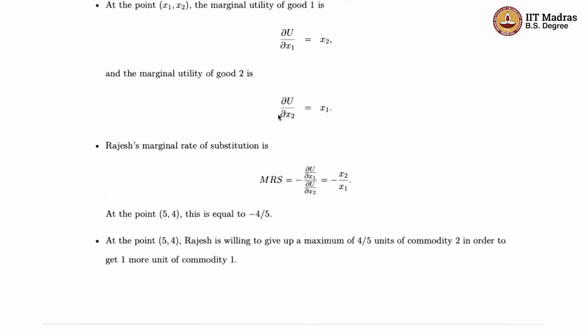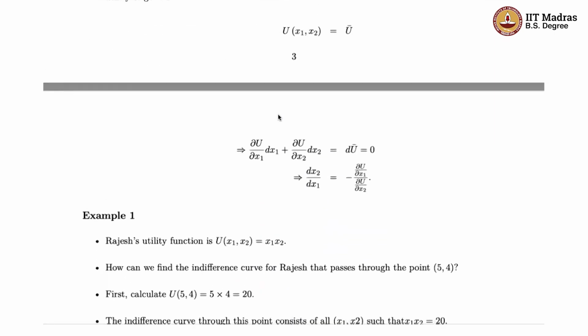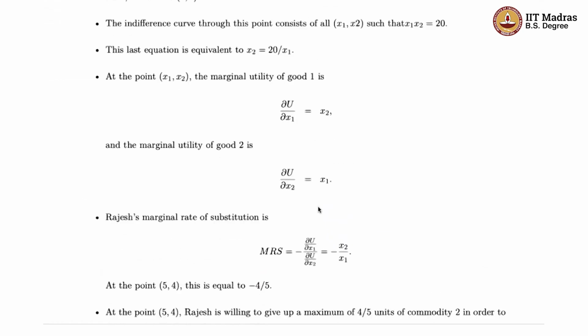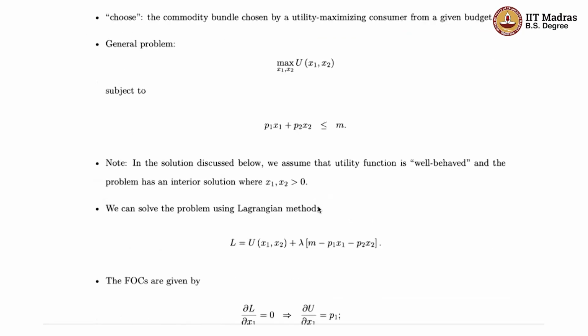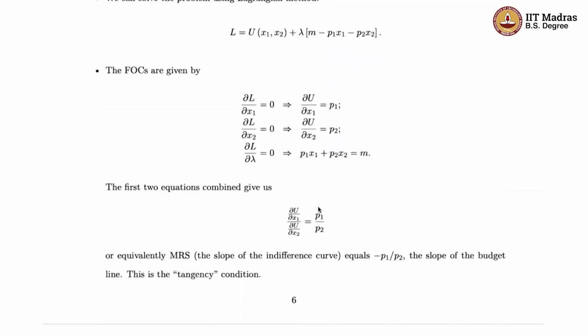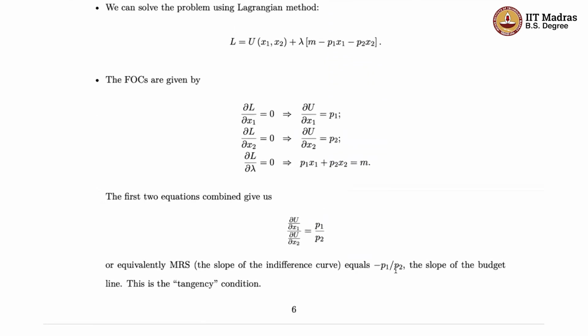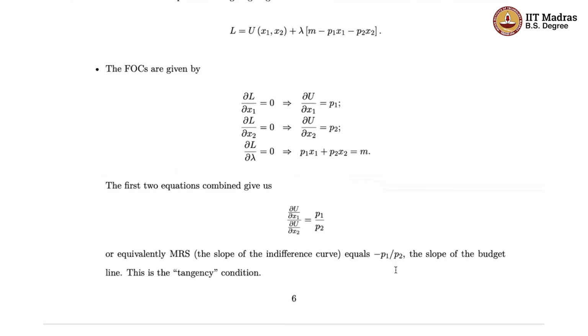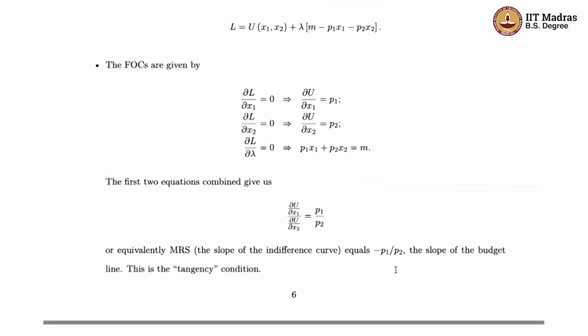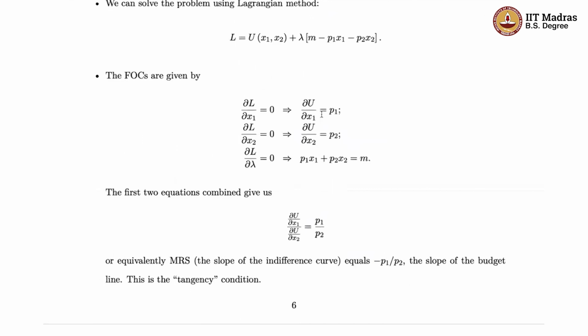So this is exactly what we had derived earlier. So you end up getting that the marginal rate of substitution is equal to minus p1 by p2, and this is, if you remember, nothing but the slope of the budget line, right? So this is the tangency condition, and essentially from these equations you can solve for the optimal value of x1 and x2, and that essentially solves the problem for you.